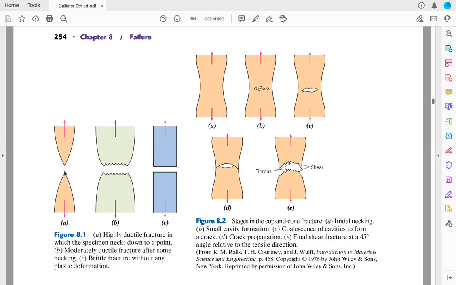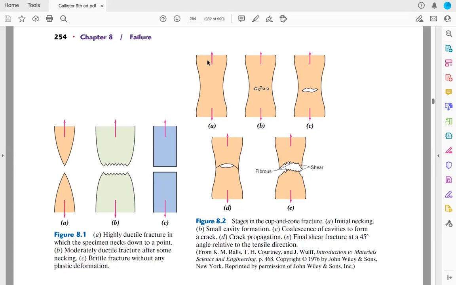An example of highly ductile fracture is usually a pure metal or pure gold. If you have pure gold, it is very soft, and we can draw it until the area reduction is almost very small. The second one is brittle fracture without any deformation, so it just divides in two. And then the third one is moderately ductile fracture after some necking.